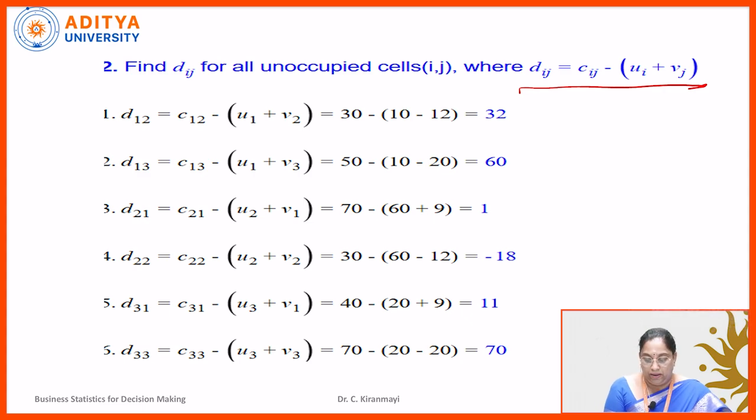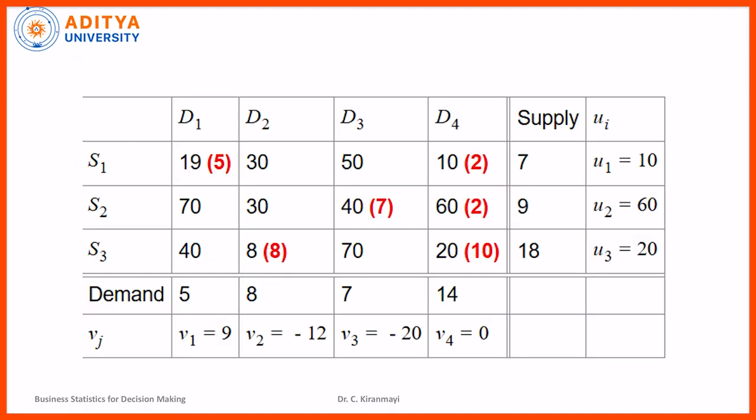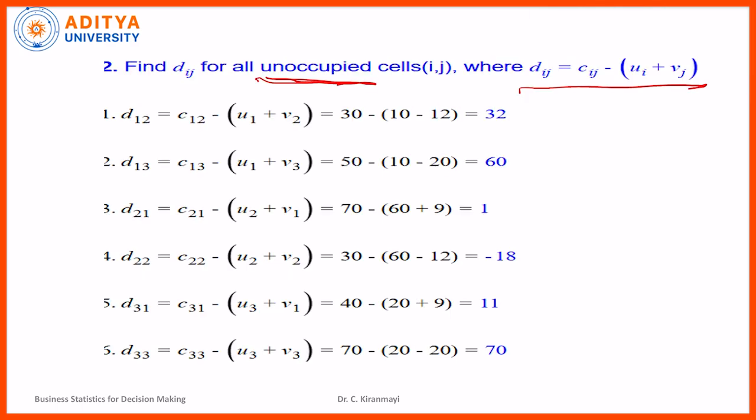Remember, net evaluations should be done only for unoccupied cells. What are unoccupied cells? The cells with no allocations. These are the cells which are ticked. For unoccupied cells only, we have to perform these net evaluations.